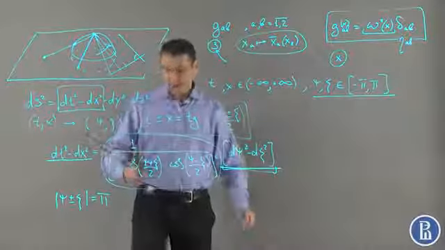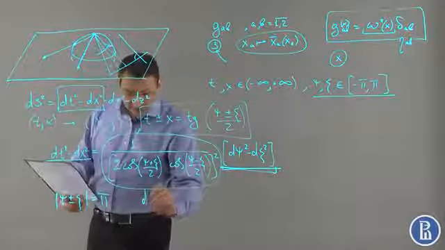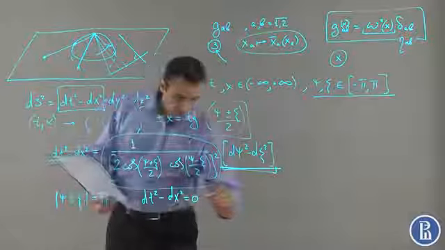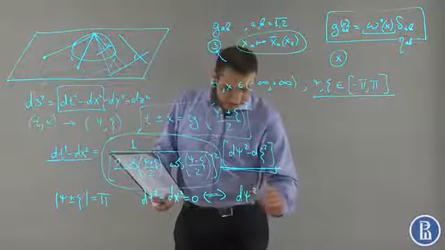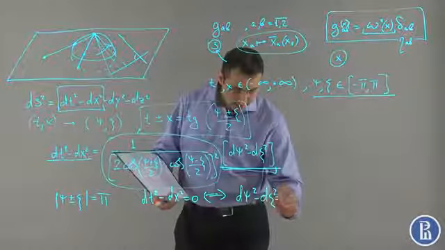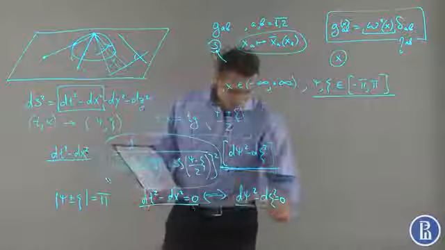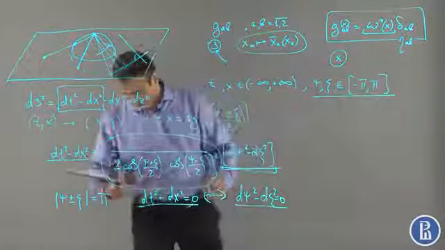That is exactly the point. Now one can see that the fact that dt squared minus dx squared equals 0 is equivalent to the fact that d psi squared minus d xi squared is equal to 0. So light rays here and here have basically the same properties, the same angles, and so on.